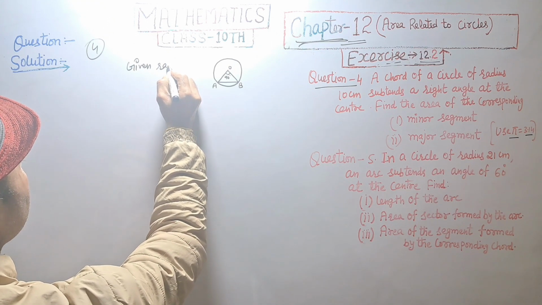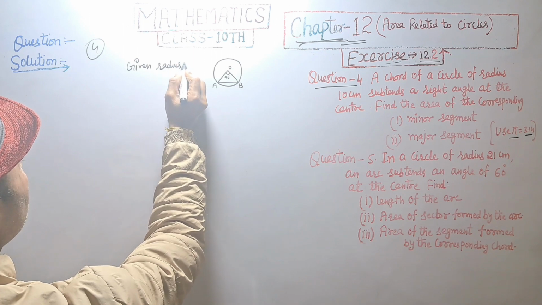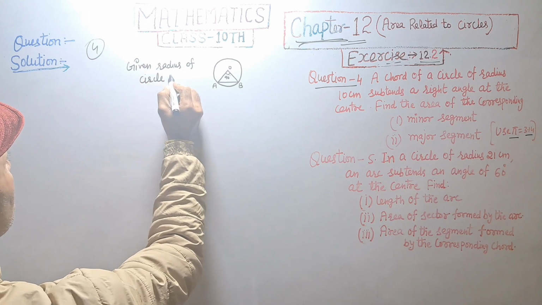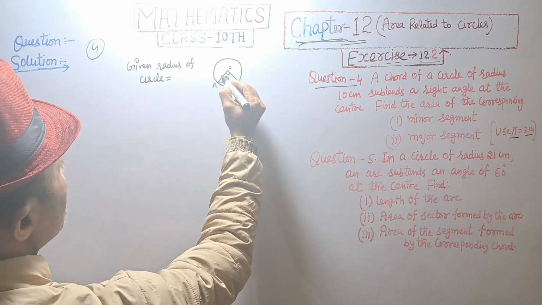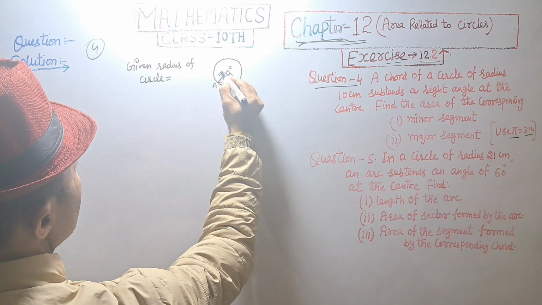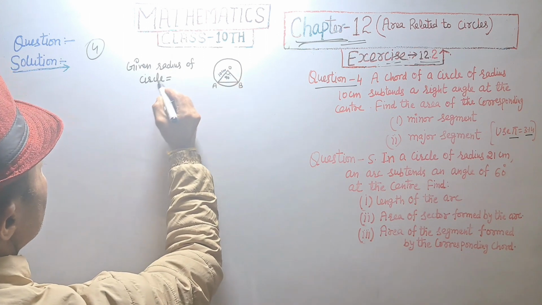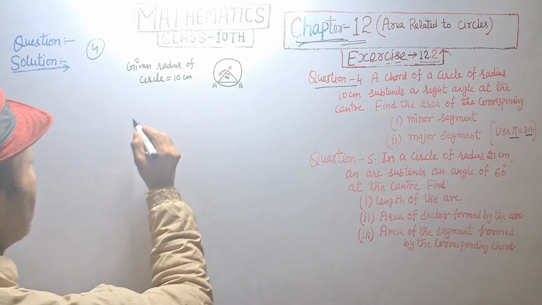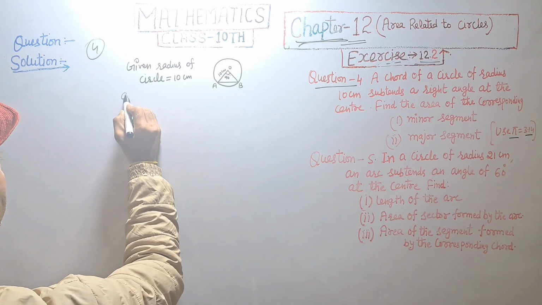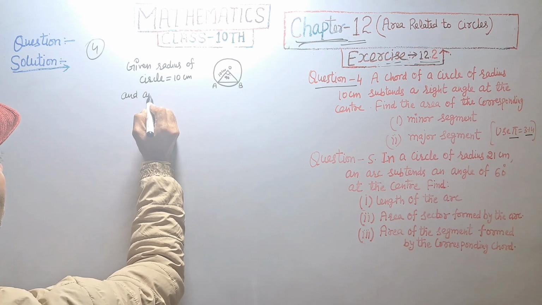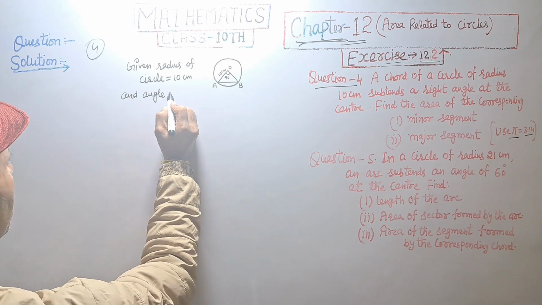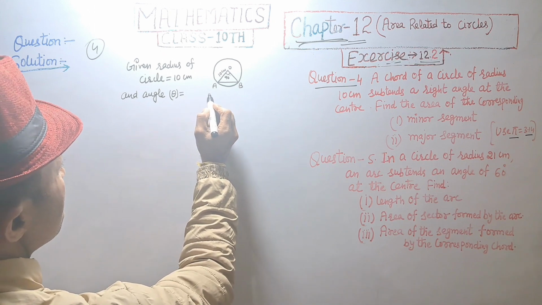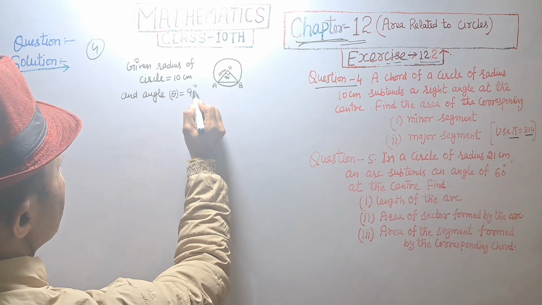Given: radius of circle is equal to 10 centimeter, and angle theta is equal to 90 degree.